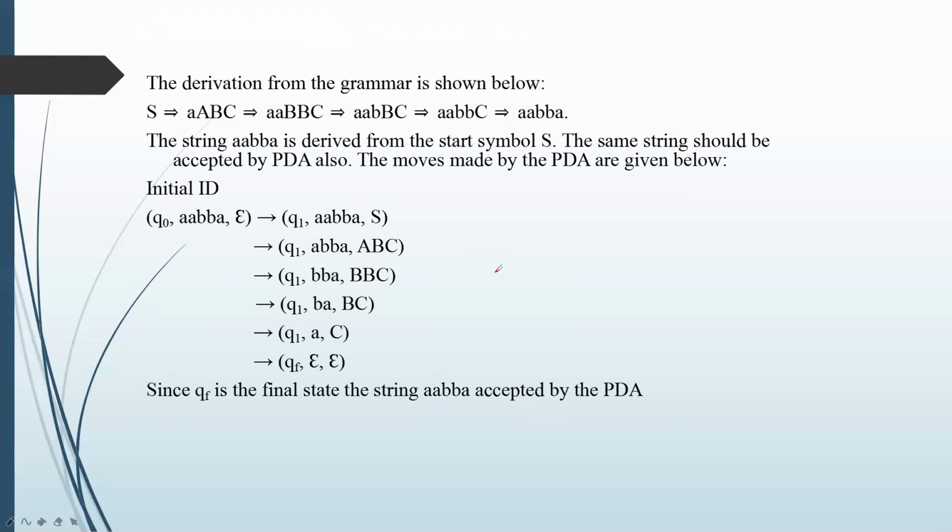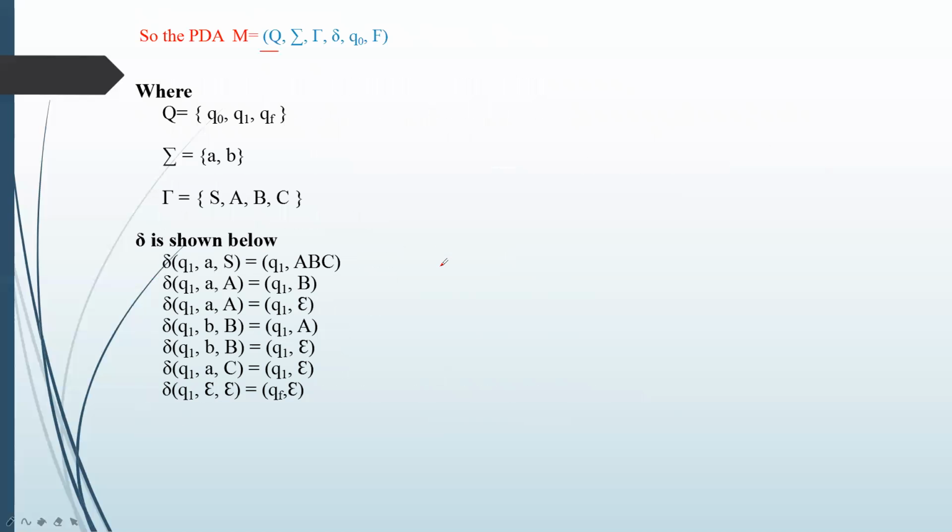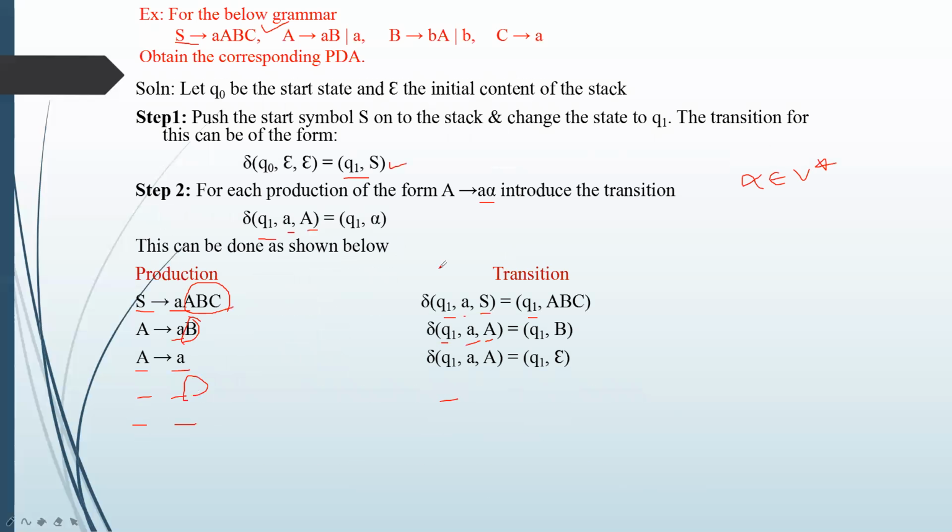We'll check whether the given CFG that we have converted to PDA and the grammar both accept the same string. Say for example, I have considered the string aabba. We'll start with the production S produces aABC. It is there in the given grammar, you check here.